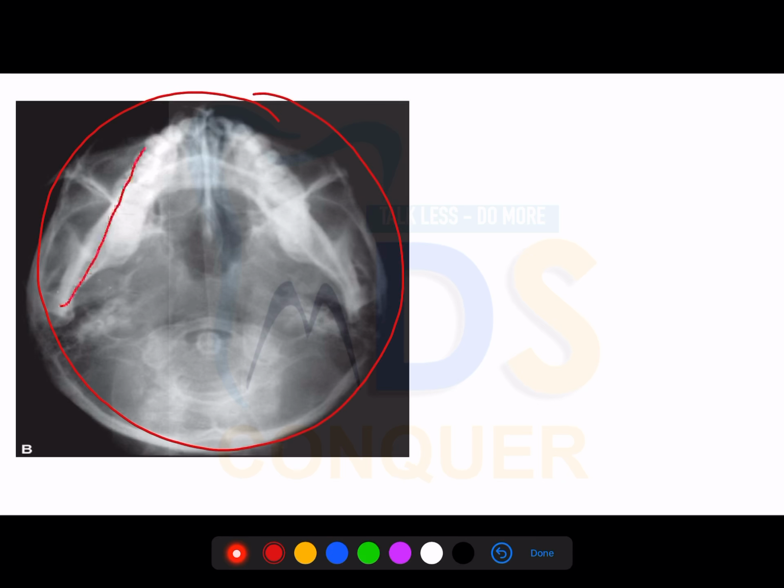The base of the skull is seen here, and also expansile lesions or perforations present in the maxilla can be evaluated by this projection, and you can even see fractures of the mandible, the condyle region or the body region.